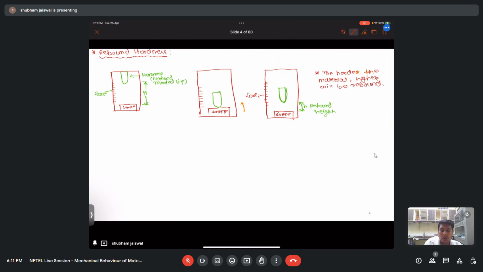Okay, so it is very easy and it is portable. So this is all about rebound hardness.